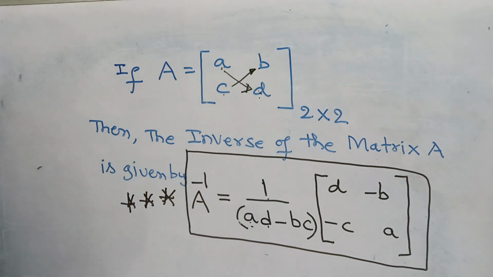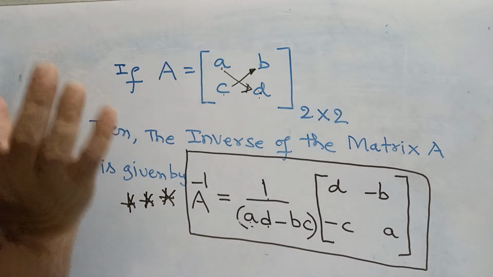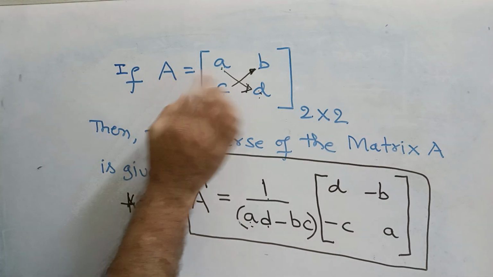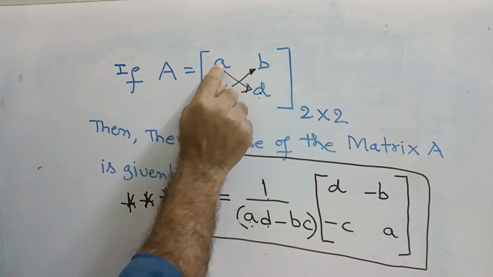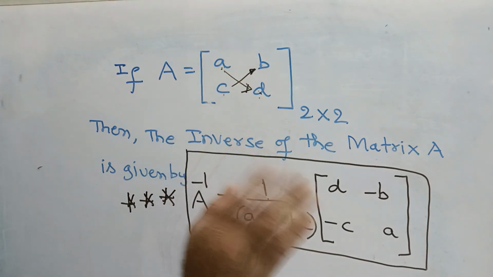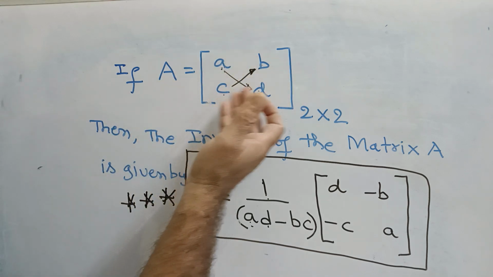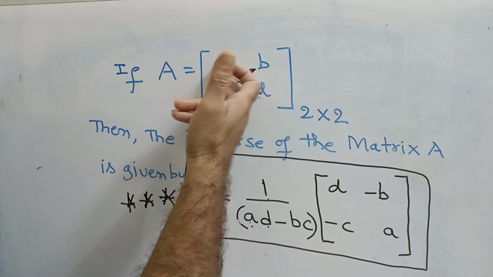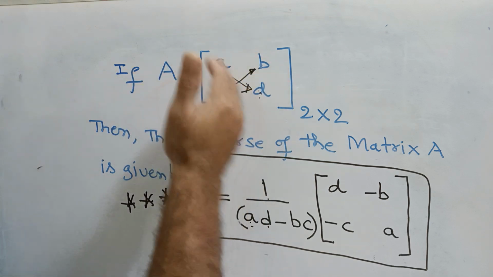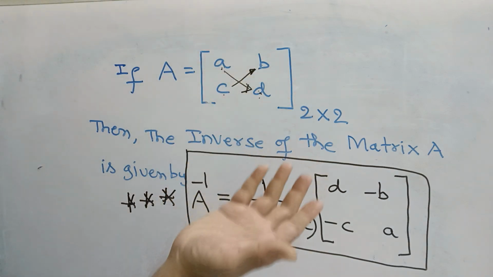Please remember that. In a simple way, if the given matrix A is equal to 1, 2, 3, 4, we have 2 rows as well as 2 columns, therefore it is a 2 by 2 matrix.